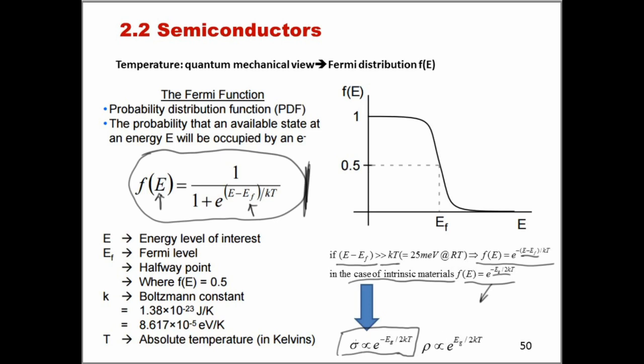So if we increase the band gap, the conductivity will decrease, because in the exponential here we have a minus at the exponent. At the same time, obviously, the resistivity grows exponentially if we increase the band gap.